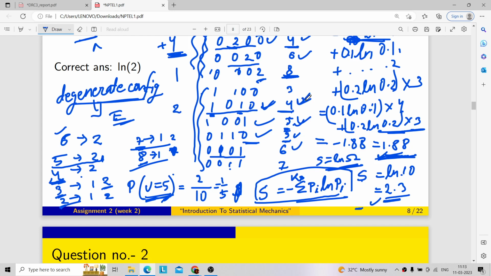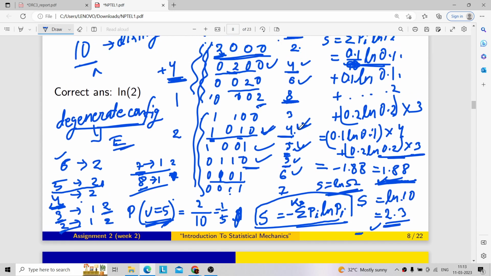Actually, you can do it with your pen and paper. Check how many 4s are there if they are distinguishable. You will have 2 different configurations for each of the states. So then you will have 2 4s here, 1 4 here, so a total degeneracy of 3. The total number of states will also be different: 6 into 2 is 12, plus 4 is 16 configurations, and out of those 16, 3 states give you energy 4.